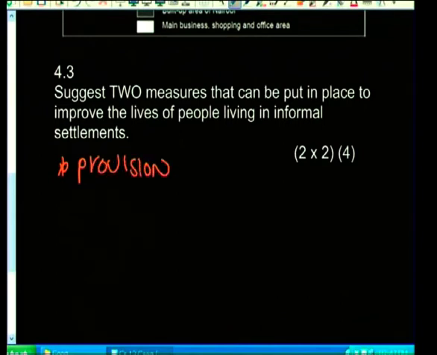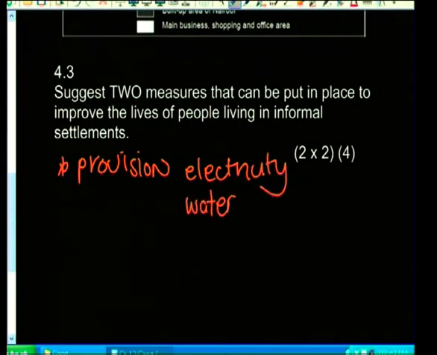You can say provide electricity, provide water, and all of those are under the heading of provide basic services. Provide schooling so that those people can become educated and move on to better things instead of living in an informal settlement.